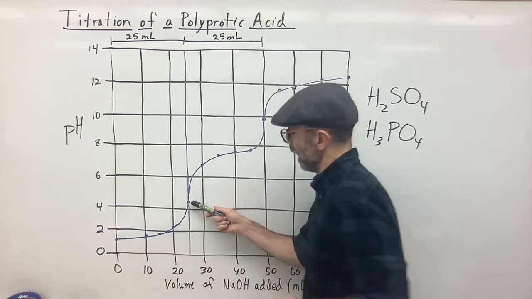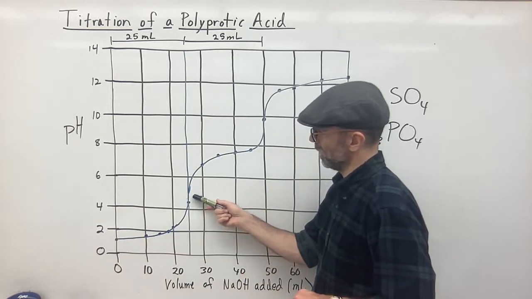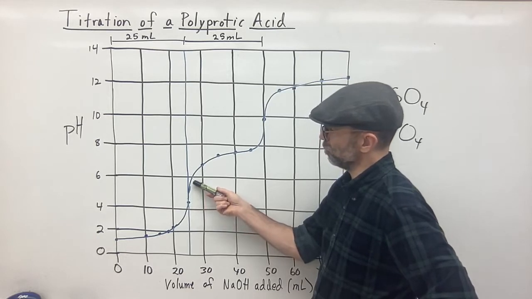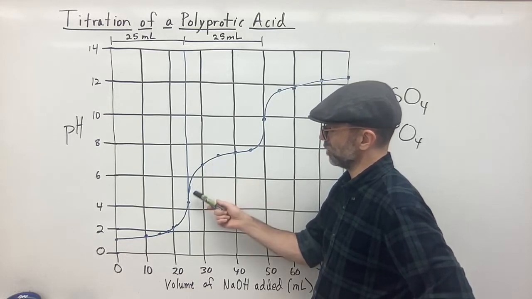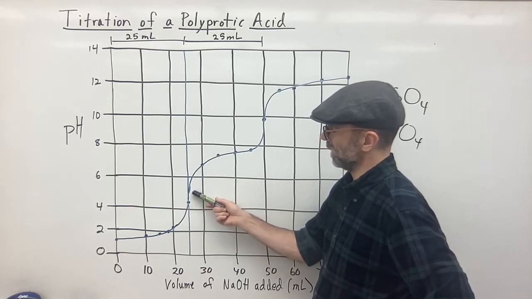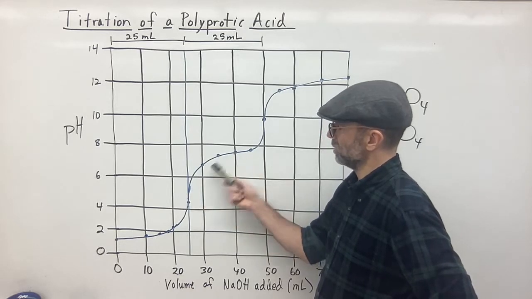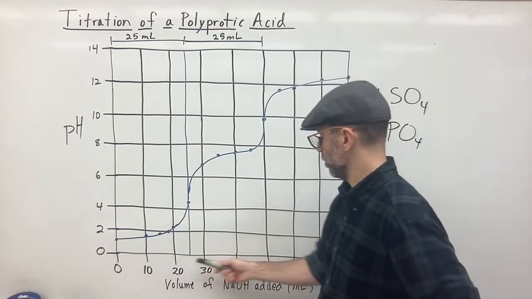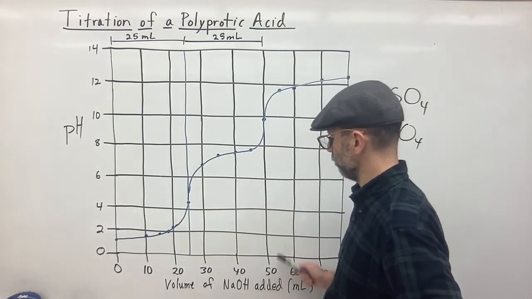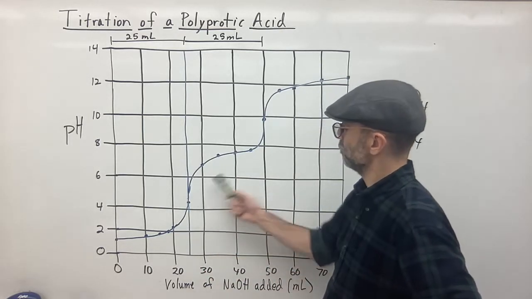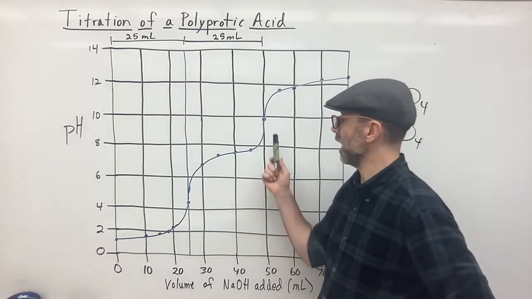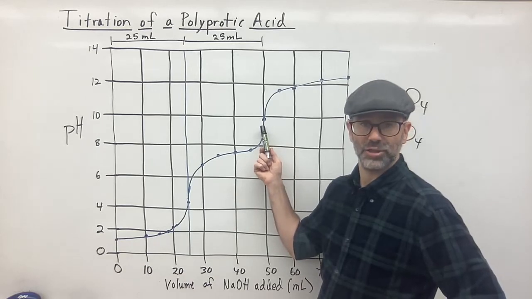So then, as soon as you reach this part here, you are now starting to remove the second hydrogen. So here you have the second hydrogen coming off, and so you reach another equivalence point when you add another 25 milliliters to reach a total of 50 milliliters, and that 25 milliliters is needed to neutralize that second hydrogen that comes off.